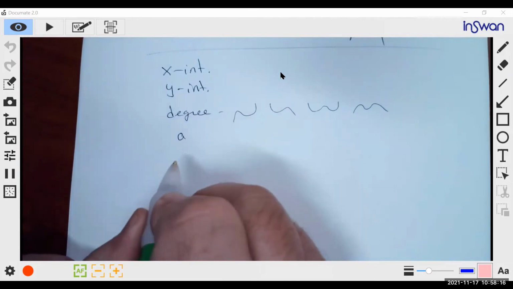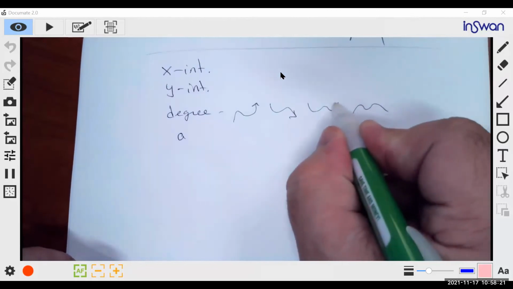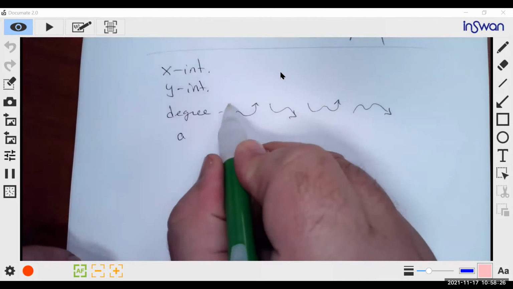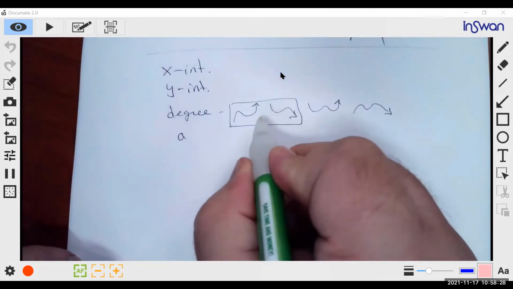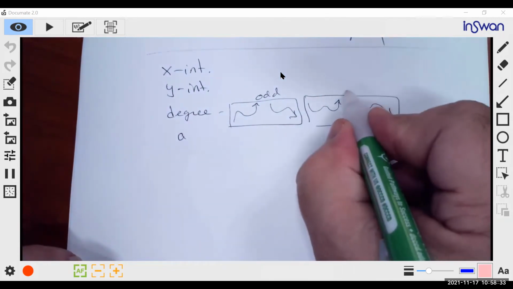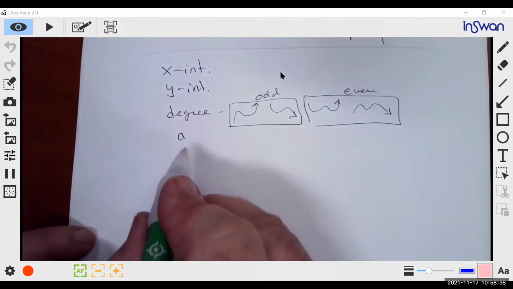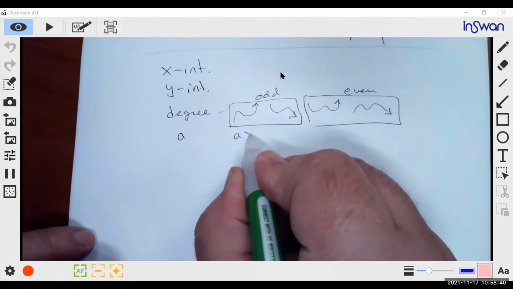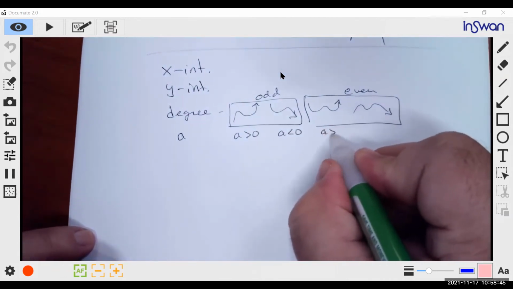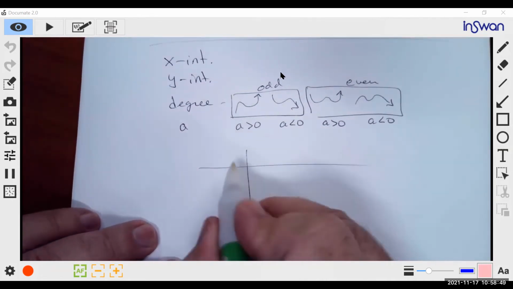Our leading coefficient tells us the direction, whether it's increasing, decreasing. If the degree is odd, it looks like this. If the degree is even, it looks like this. If A is positive, if A is negative. Remember, we had that chart.